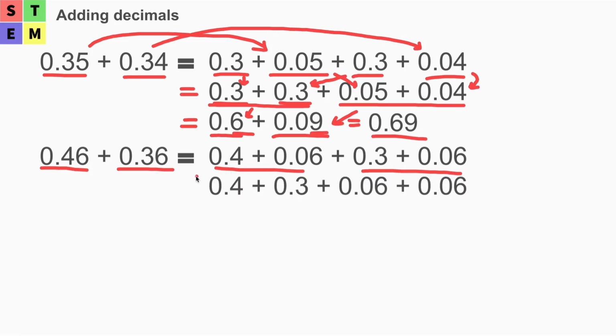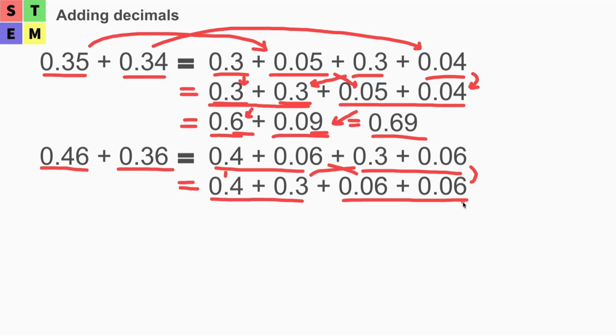Switch them so that we can make the calculations. So this one is here, this one is here, this one is here, and this one remains here, right? And then we just add 0.4 plus 0.3, okay, and 0.06 plus 0.06, right?